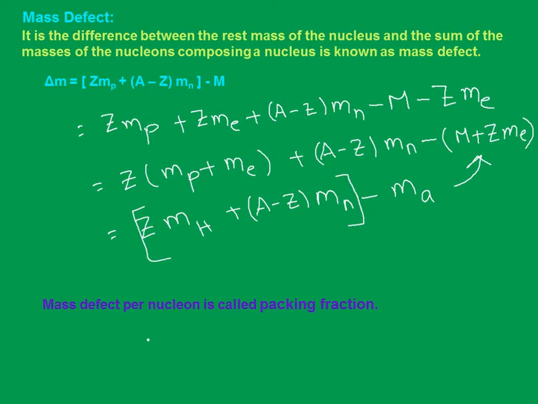We can write the packing fraction Pf equal to delta M per nucleon, that is the mass number, so delta M by A. What is the significance of this packing fraction? It gives us the stability of the particular nucleus we are considering.